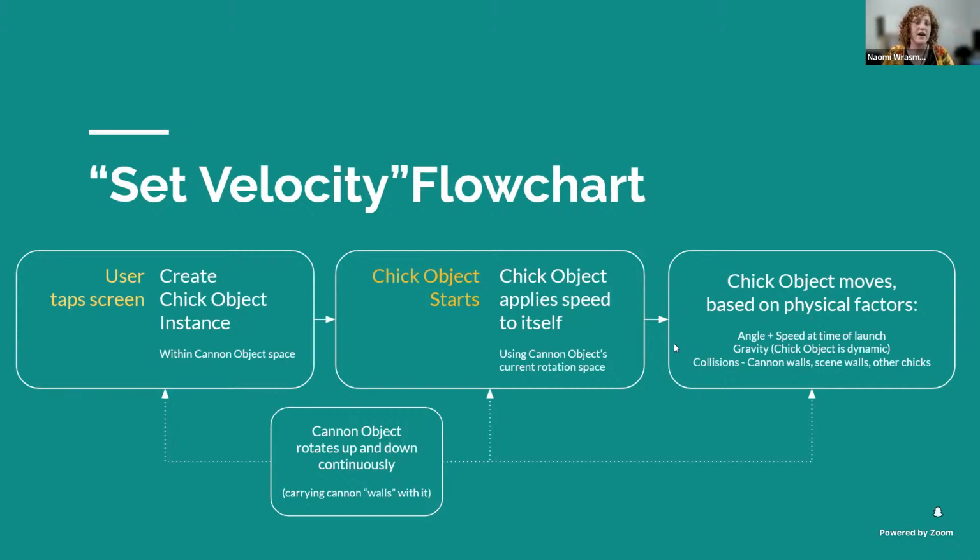And in the end, that will cause the chick to be, I keep talking about the chick. I got to this slide late. It's a ball. It's going to cause our ball to move based on physical factors like whatever its angle and speed is at the time of the launch. That's going to be relative to the whole world space. Like the gravity is always going to be pulling it down.